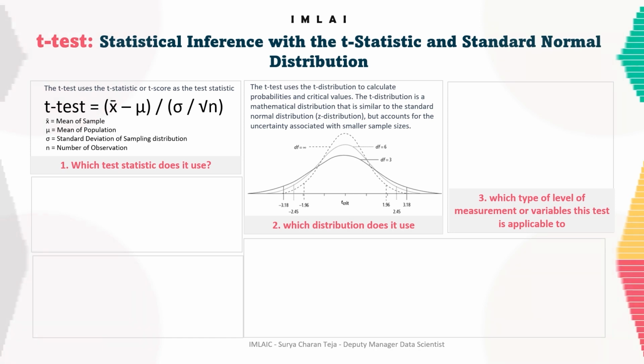And the third question that we have to ask is, which type of level of measurement or variables this test is applicable to. The t-test is applicable when working with numerical data and comparing the means of two groups, or examining the relationship between a numerical variable and a categorical variable with two levels.